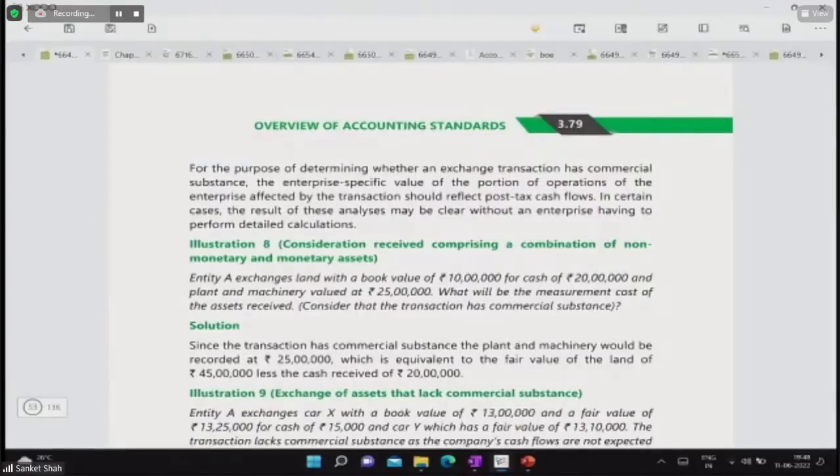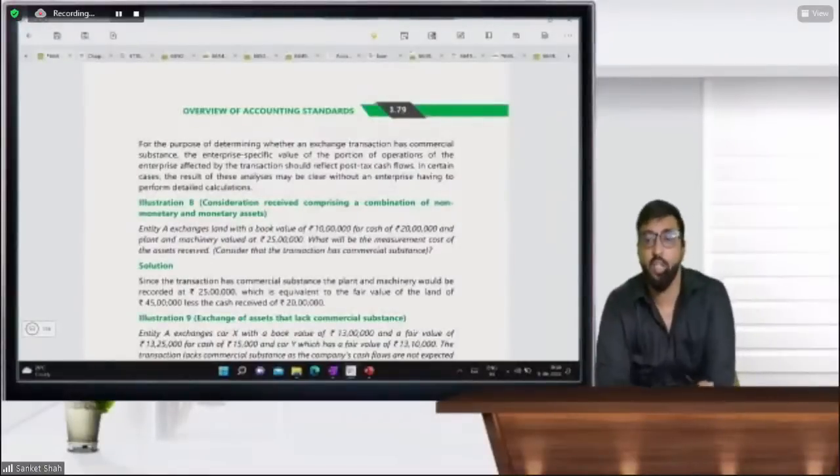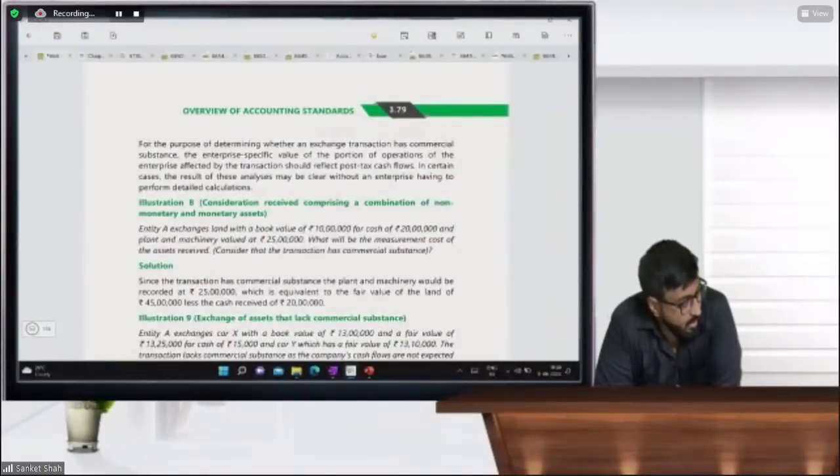Let me explain it. Beta, commercial substance means what? Suppose I have an Activa and I replace it with my friend's two-wheeler Jupiter. The average is almost the same. I only want some change, and he also wants some change, so we exchange our bikes.